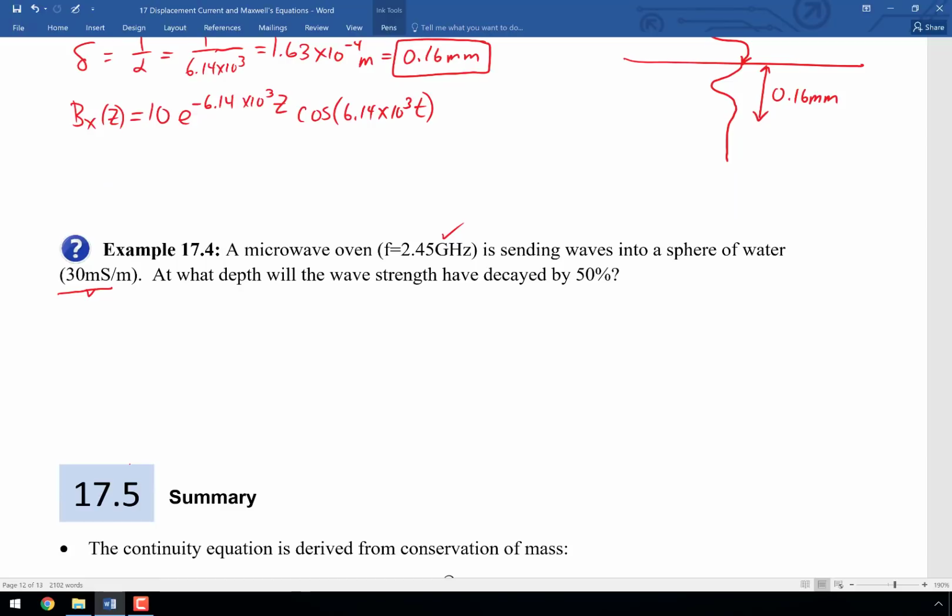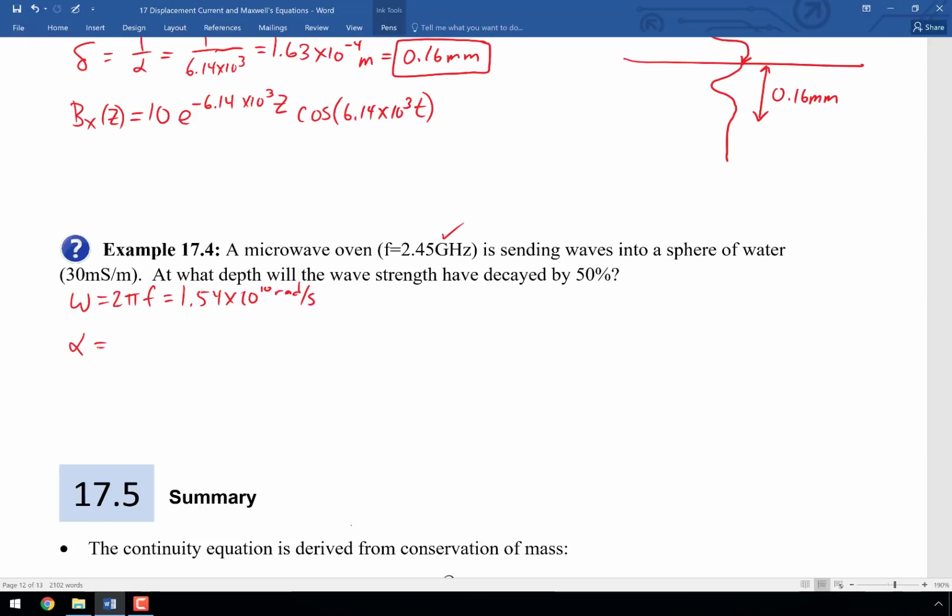So at what depth will the wave strength have decayed by 50%? Well, the first thing we're going to need to do is calculate omega. We're given f, so 2 pi times f, where 2 pi is radians per revolution and f is revolutions per second. This gives me 1.54 times 10 to the 10th radians per second.